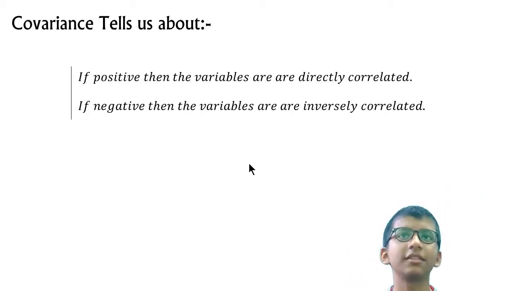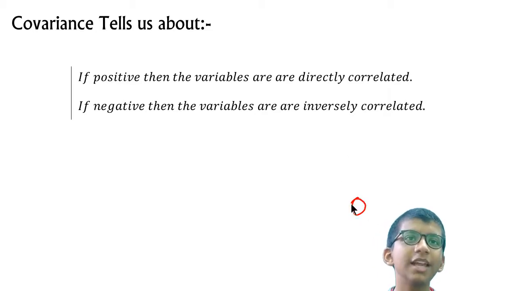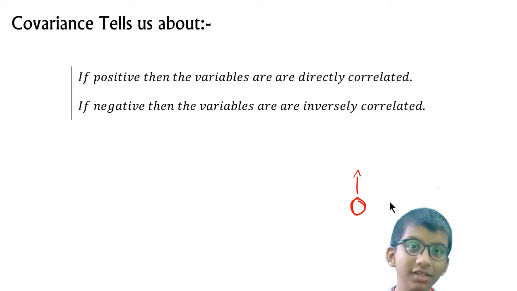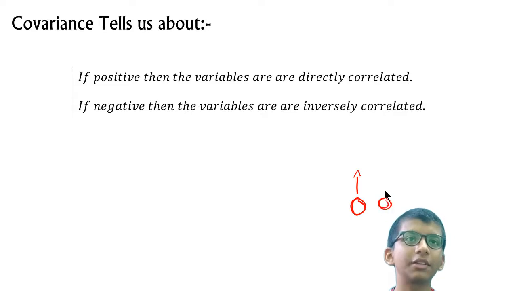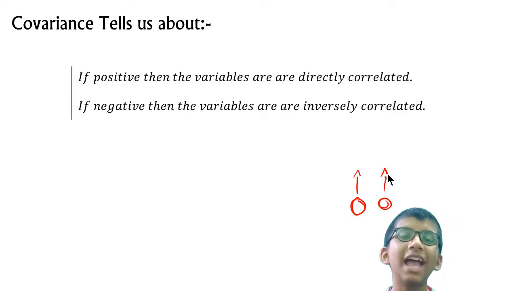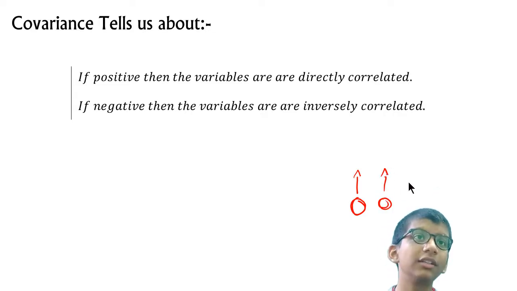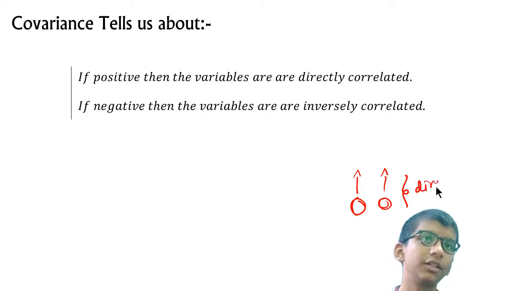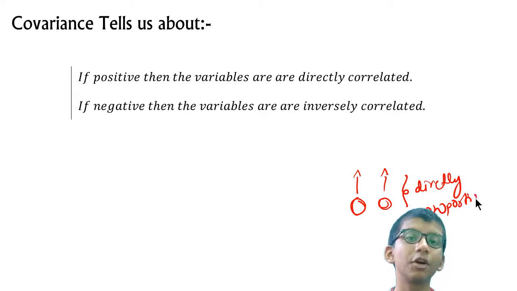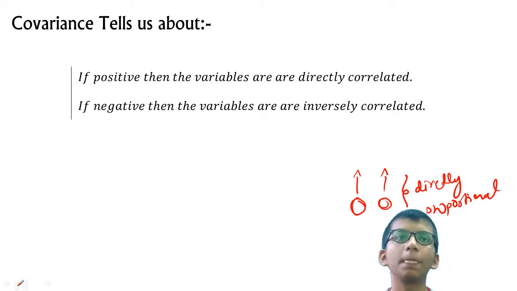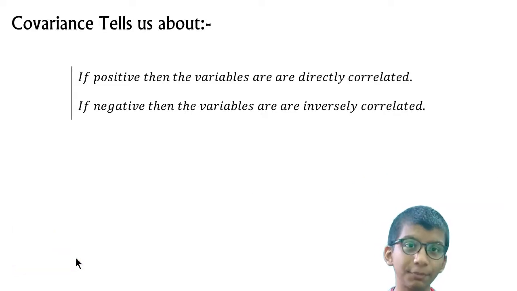If an object, let's say a ball, is increasing, and it is directly proportional, then the other ball will also be increasing. This is called directly proportional. I'm not going to go into detail on the physics. If you want me to make a video on it, please comment down below.